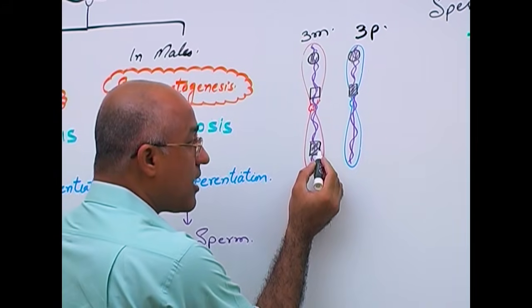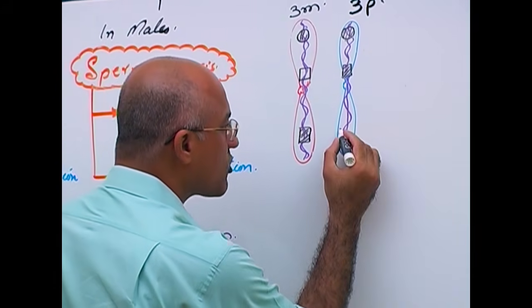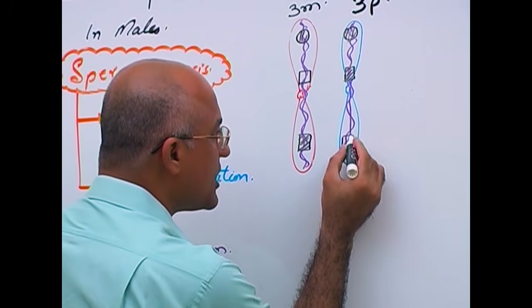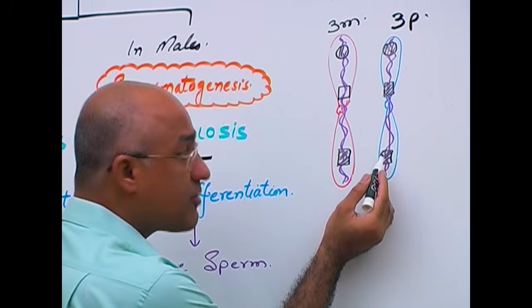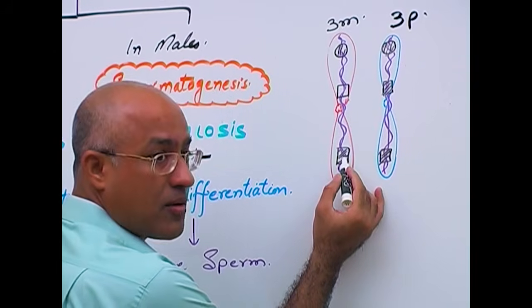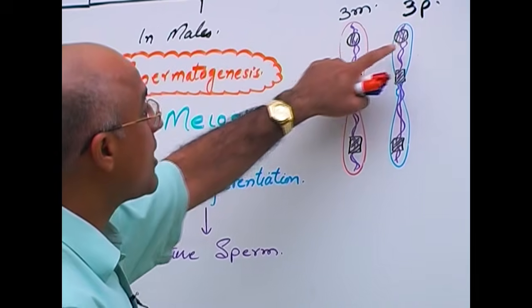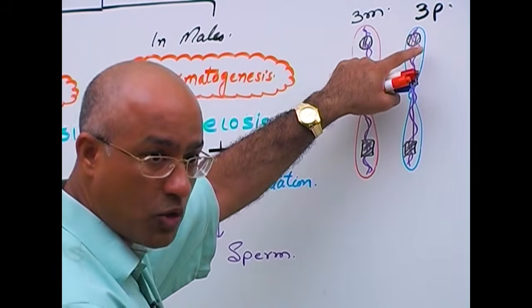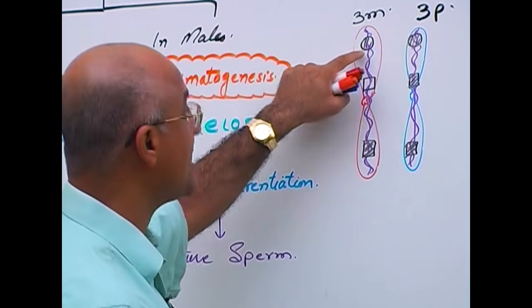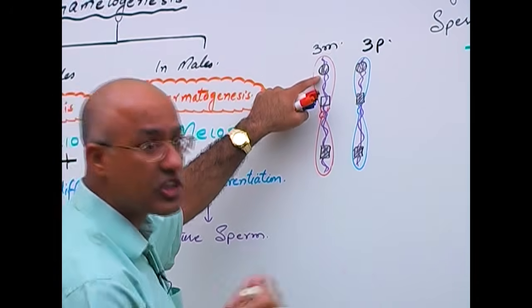Then on the corresponding locus on the other homologous chromosome, there should be a gene responsible for the structure and function of the same enzyme. Now these genes, look, these genes which are going to do a similar function, and are present on homologous chromosomes at the same loci, right?